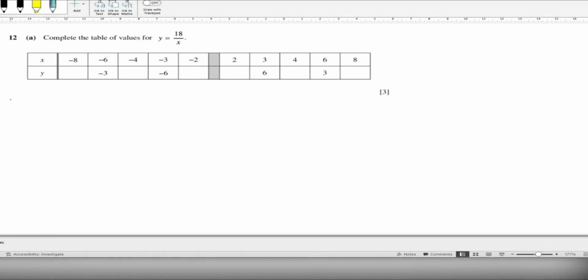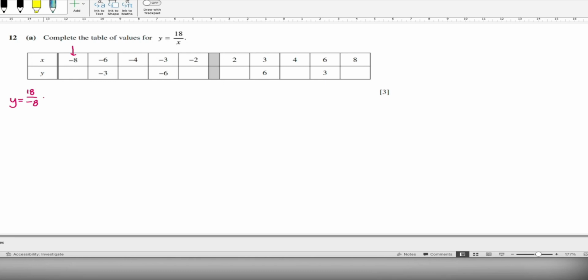All right, so remember our function is y equals 18 over x. Now, what is the first x value? It is equal to -8. So what is 18 divided by -8?